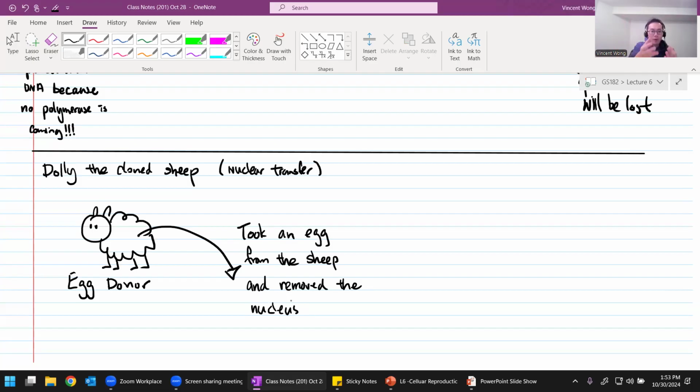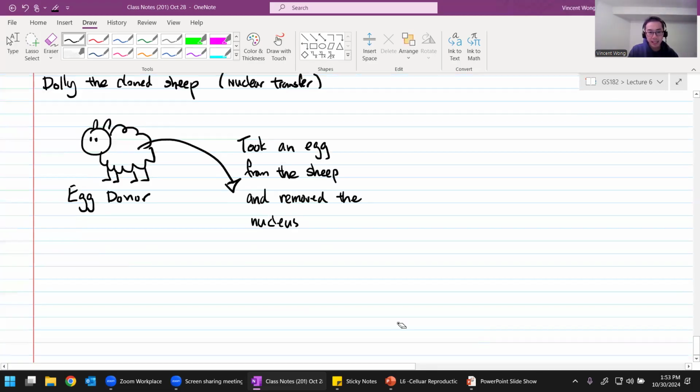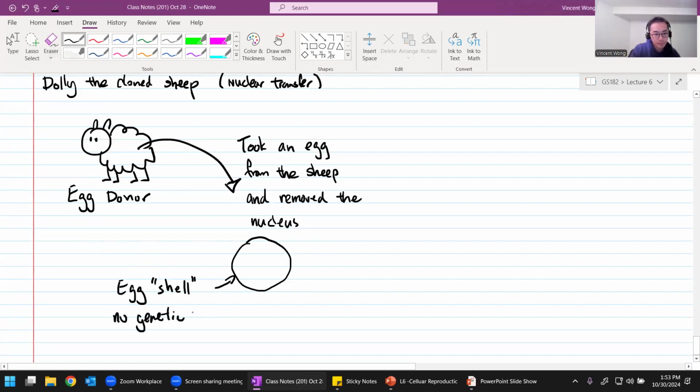So here, they took the egg and removed the nucleus, so we basically end up with just an empty egg, like the eggshell, if you would. No genetic material. That is our sheep number 1.